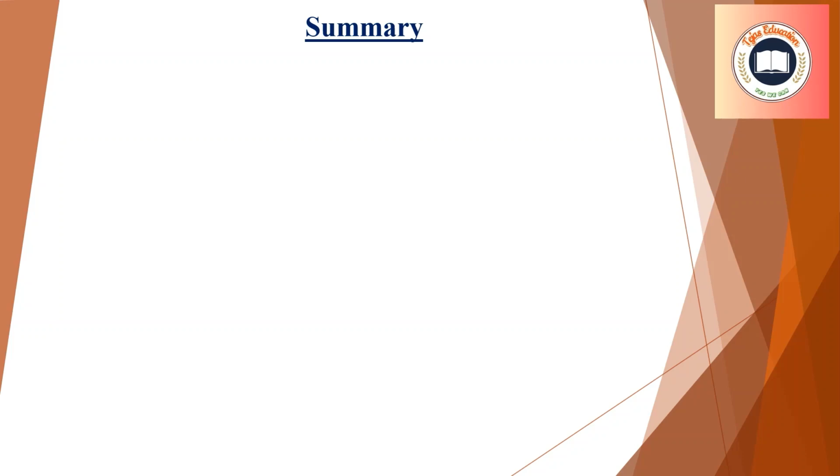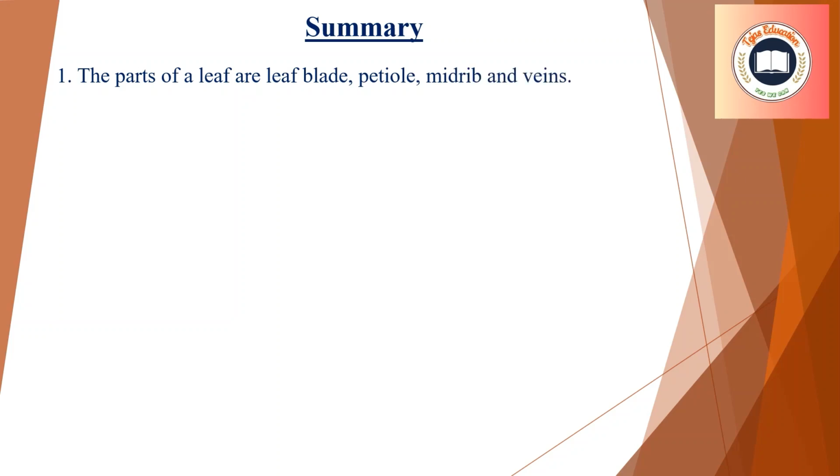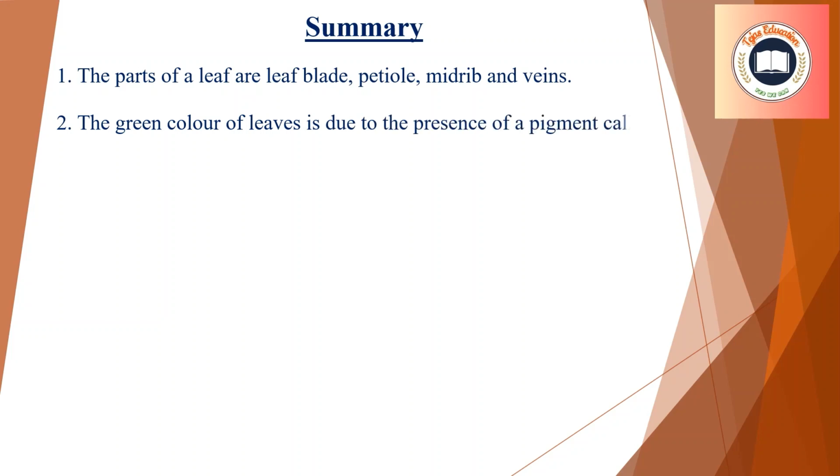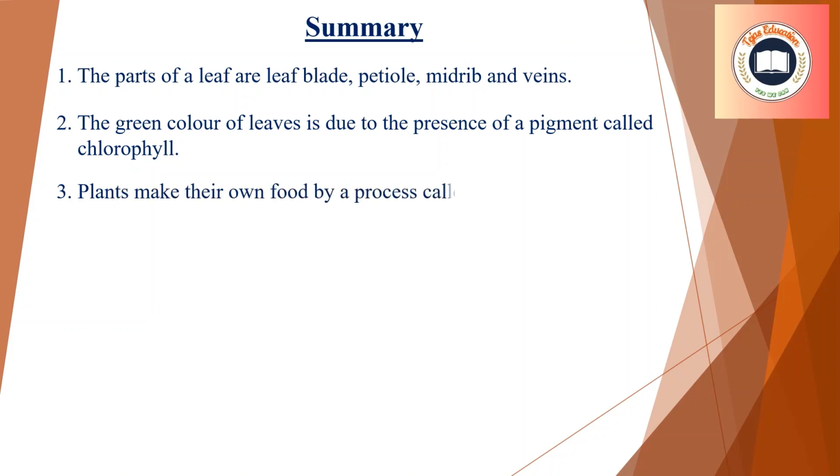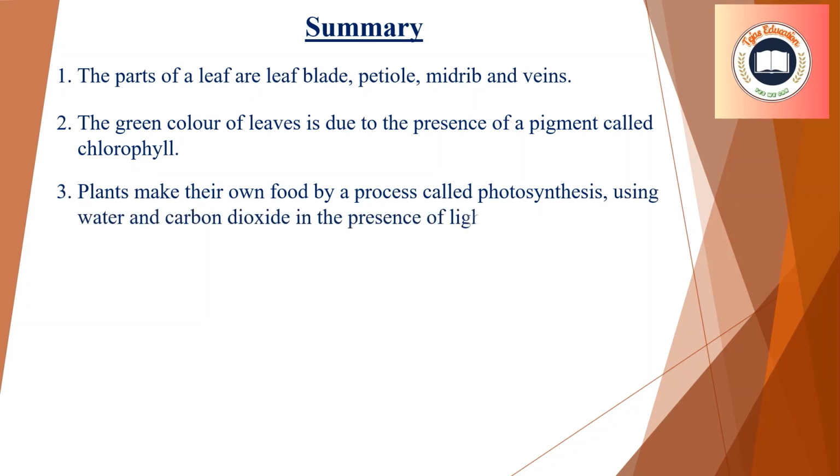Summary. The parts of a leaf are leaf blade, petiole, midrib and veins. The color of leaves is due to the presence of a pigment called chlorophyll. Plants make their own food by a process called photosynthesis using water and carbon dioxide in the presence of light and chlorophyll.